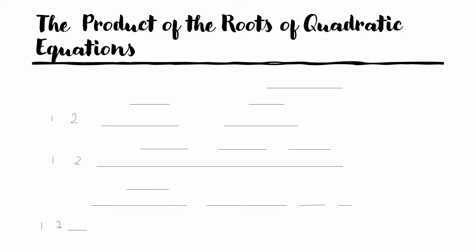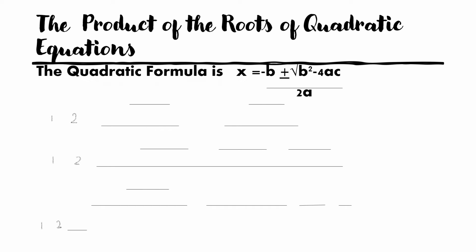Next, same thing with the product of the roots of a quadratic equation. We are going to use the quadratic formula to derive the formula for the product of the roots. So again, we're going to separate the two values of x here, and this time let's call the product x sub 1 times x sub 2.